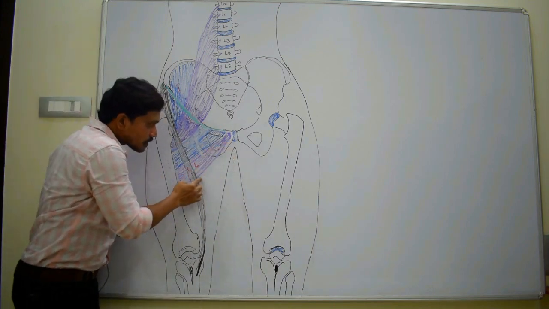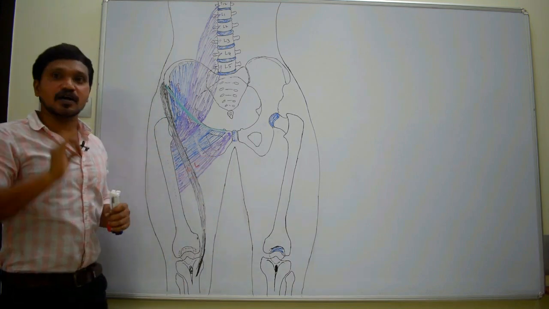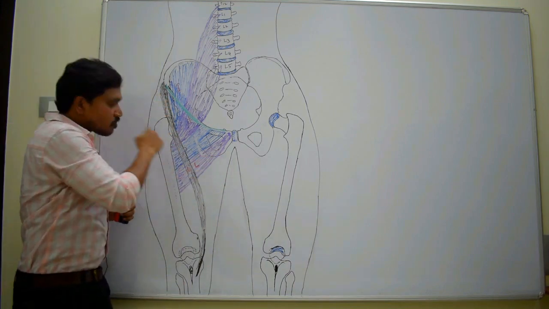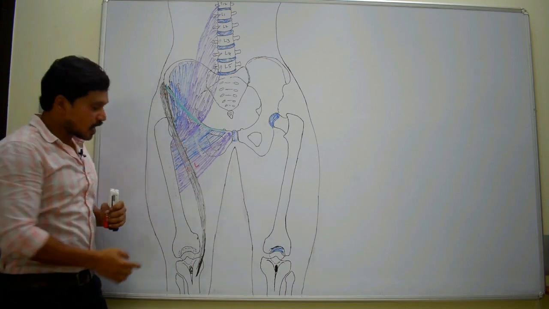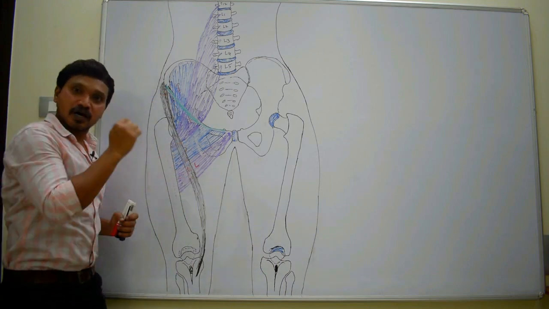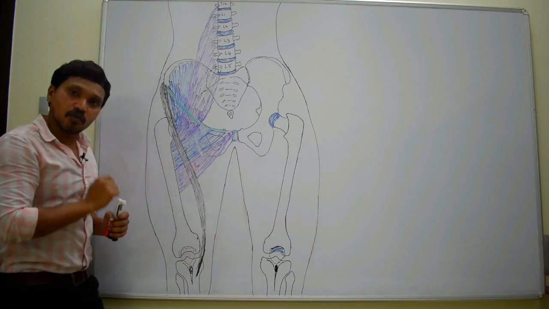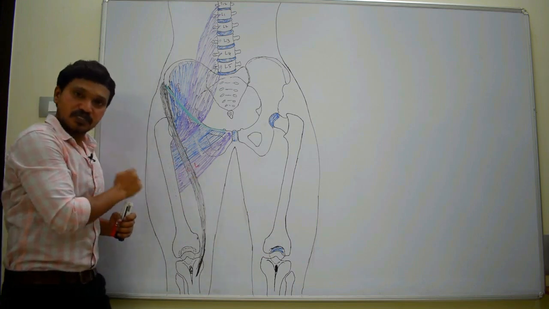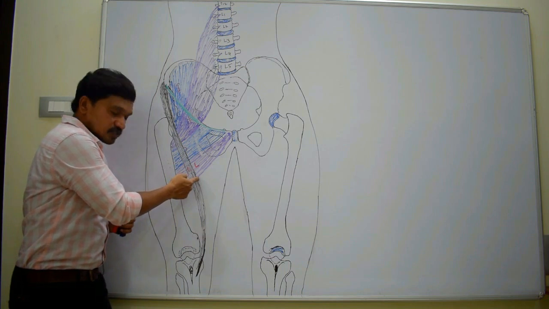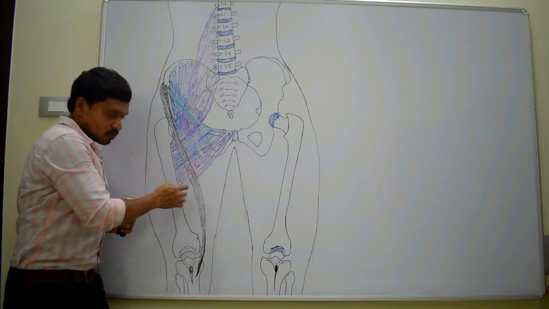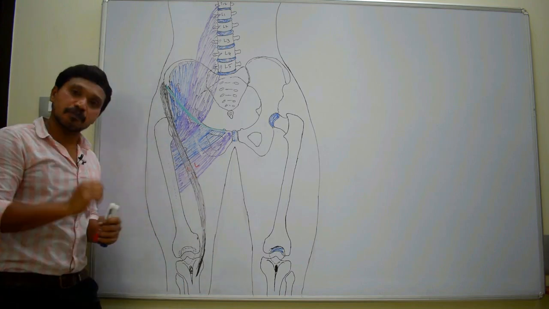Medial boundary is formed by the medial border of the adductor longus. Lateral boundary is formed by the medial border of the sartorius. Apex is formed by the union of lateral and medial boundaries, that is here. That means at the meeting point of inferior margin of the adductor longus and the sartorius. So this point what we call apex.